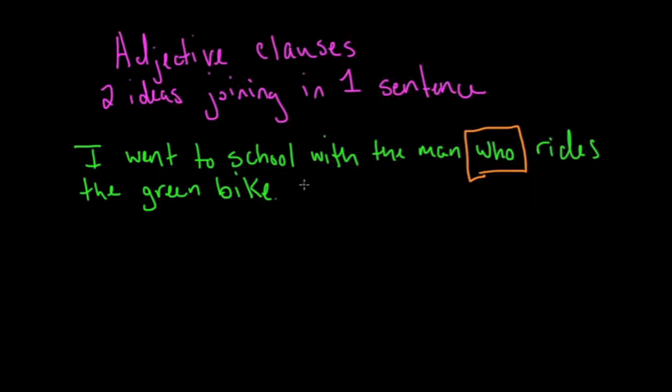And the question is, we can break this down into two sentences. The first one is, I went to school with that man. And the second part is, he rides a green bike.